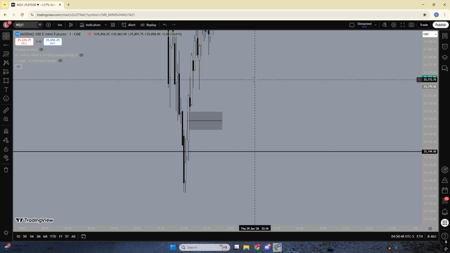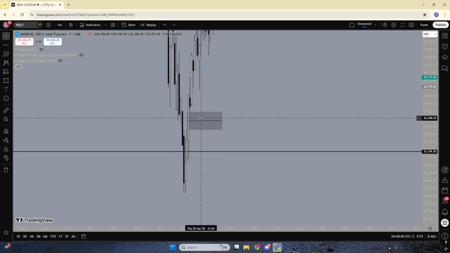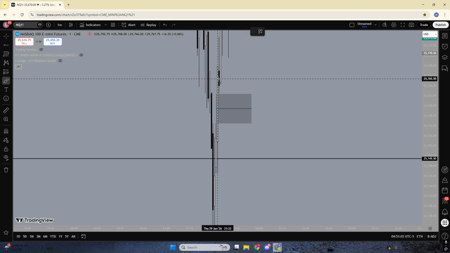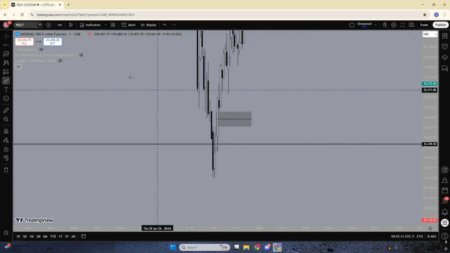Or the most common one is it taps into the middle point, the CE of the gap, which is right here. It would go up a little bit, it would retrace into this middle point, and then it will go back up. That's the most common.